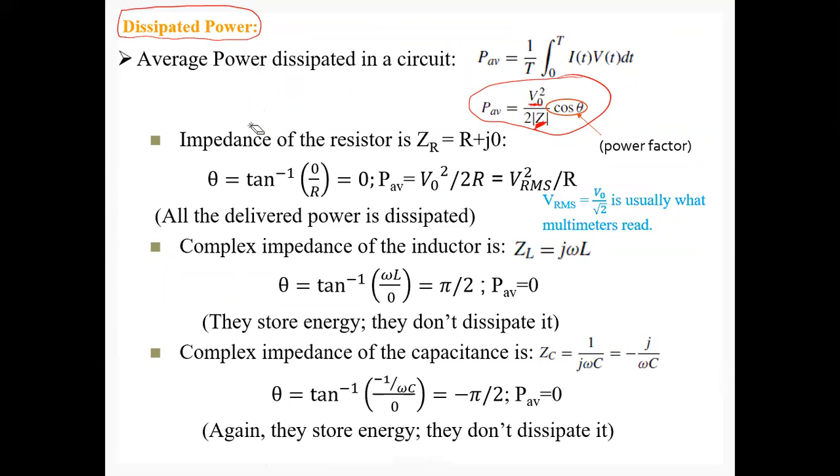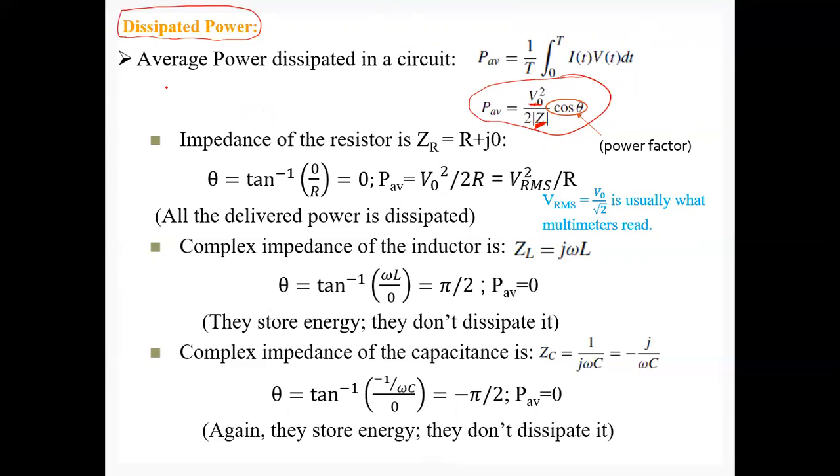Z is again, help me, R squared plus, you know what Z is, right?